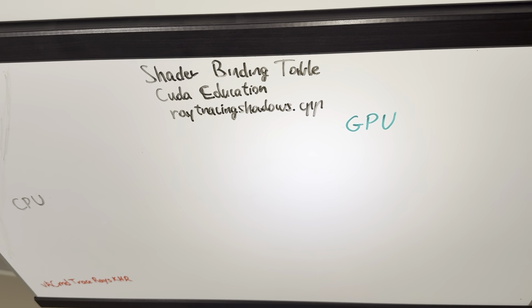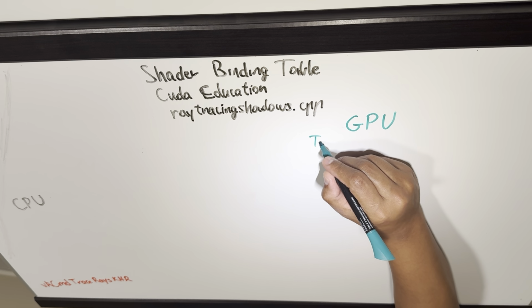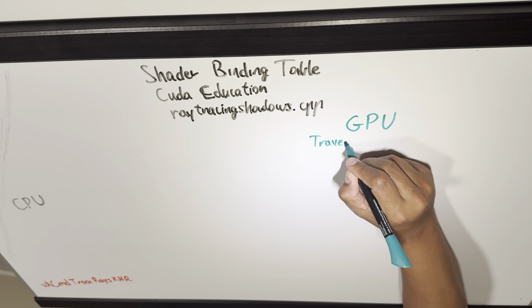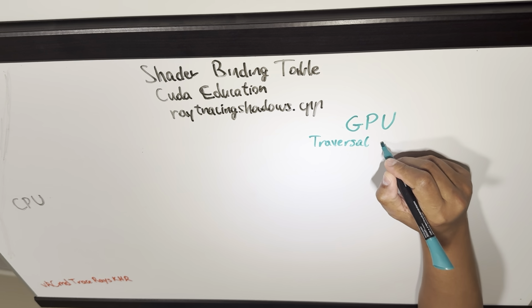Specifically, what we care about is what they call the traversal hardware.